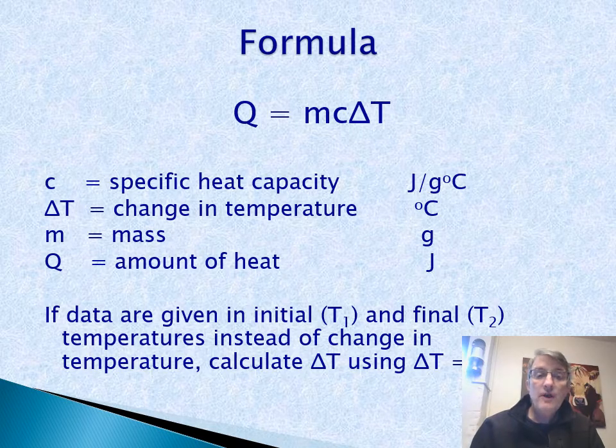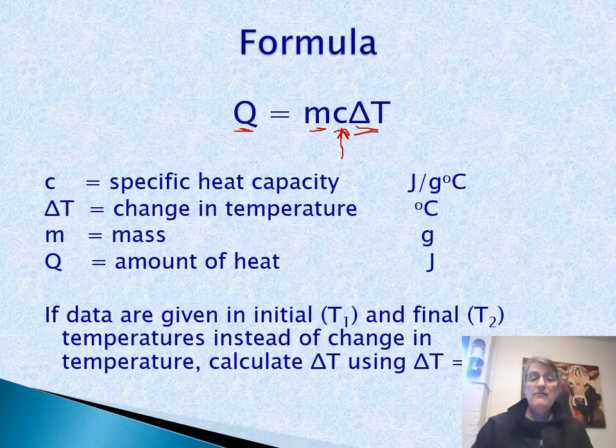So the formula that we're going to use is to calculate the amount of heat to raise the temperature of a material and a specific mass of the material. So this C is going to tell me what material I'm talking about. If it's water, I'm going to use 4.18. If it's copper, I'm going to use like 0.3 or 0.4. So this is per material.